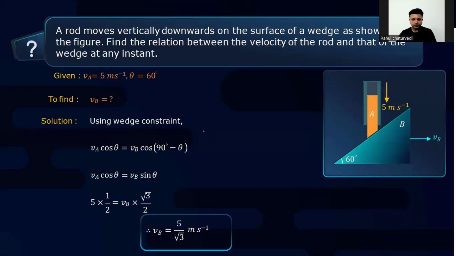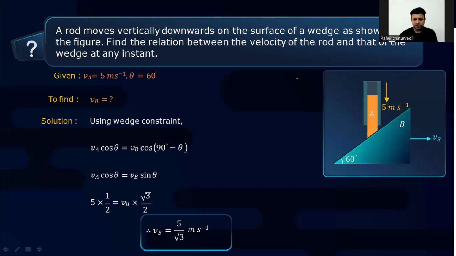Let's solve this case. A rod moves vertically downward on the surface of the wedge as shown in the figure. Find the relation between the velocity of the rod and that of the wedge at that instant. So here, the vertical motion of this rod is 5 meters per second in the downward direction, right?